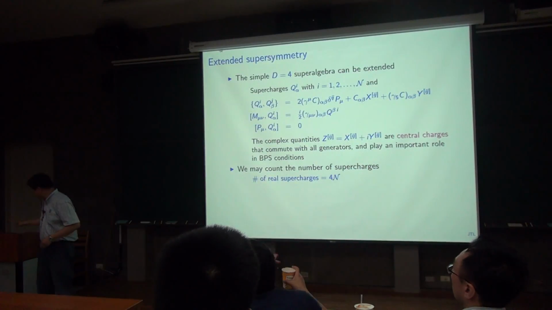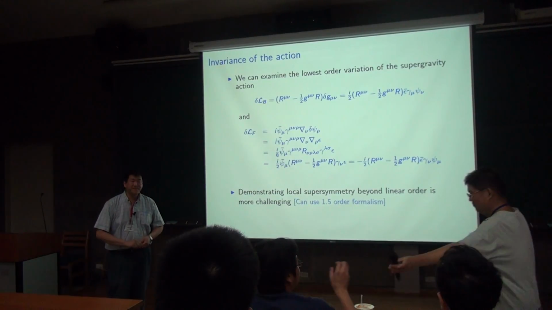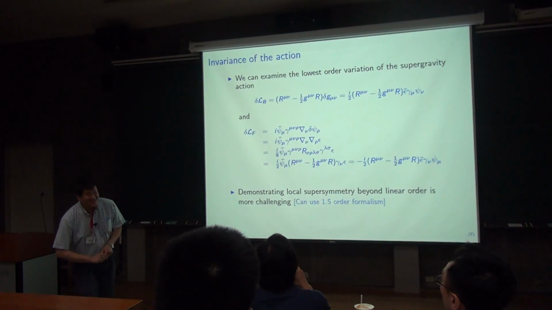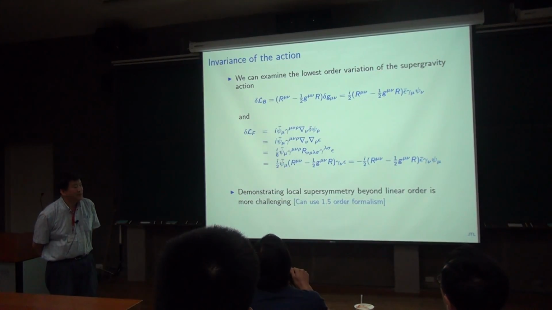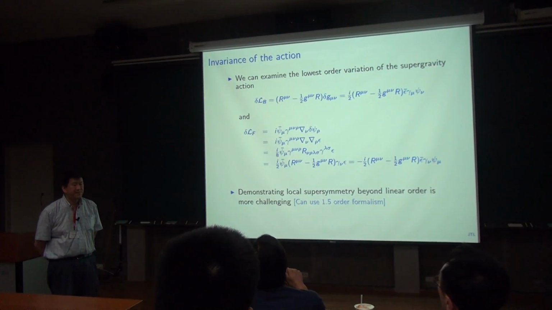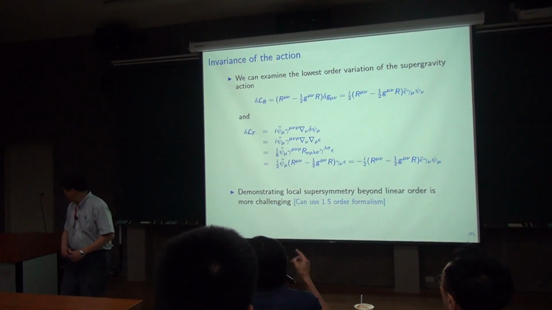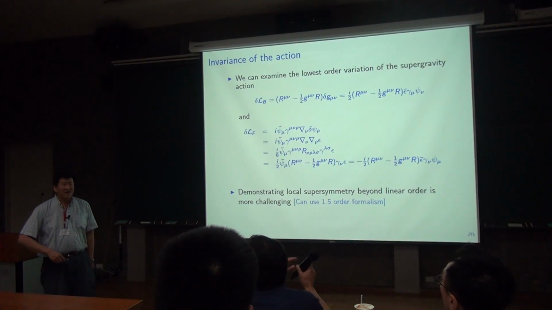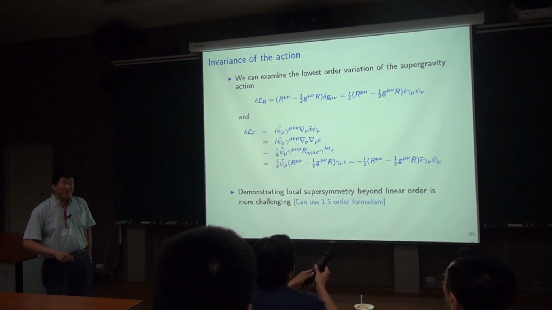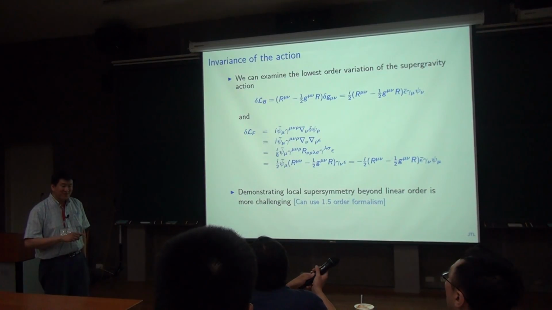Yeah. Can I ask a silly question? Since the lowest order supergravity action is already invariant under the supersymmetry transformation, what's the motivation of adding more terms? I think in your previous slides, you were saying that it's just a very special case. Yeah. The problem is the lowest order Lagrangian is actually not invariant under supersymmetry.